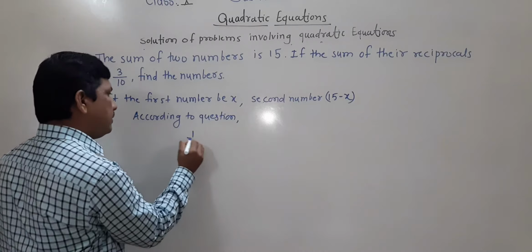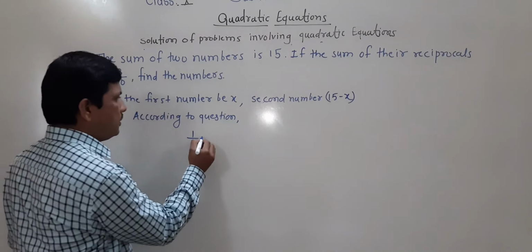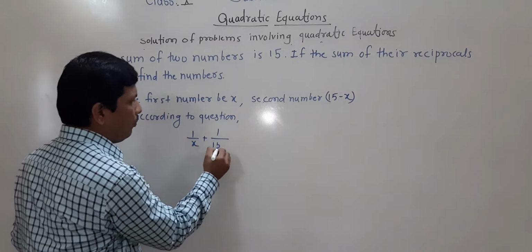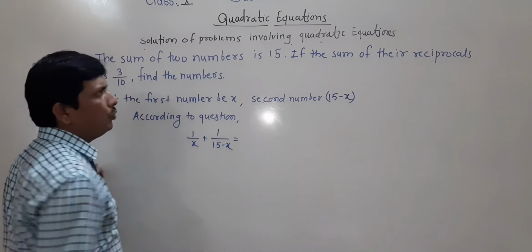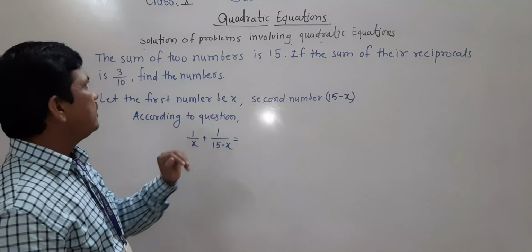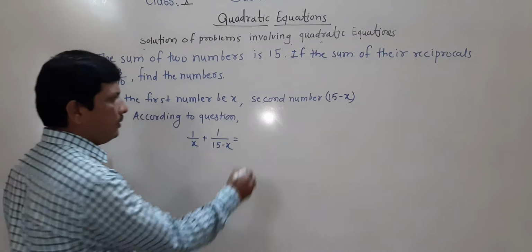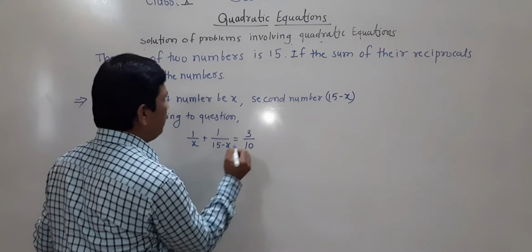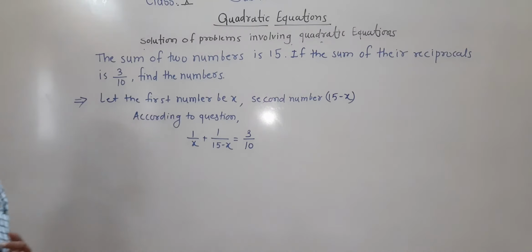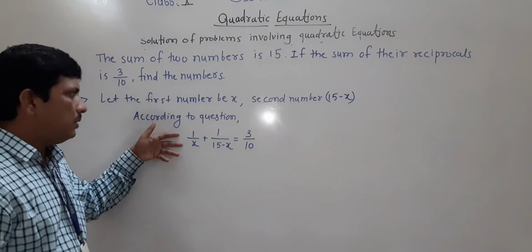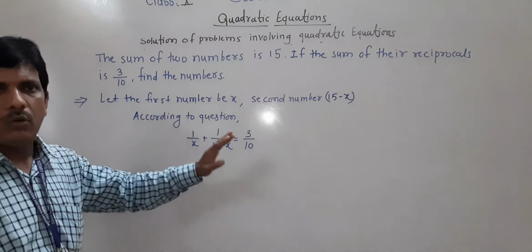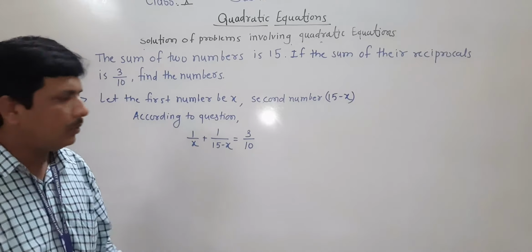According to the question, 1 by x plus 1 upon 15 minus x is equal to 3 by 10. This equation will give you a quadratic equation which we need to solve, nothing else.